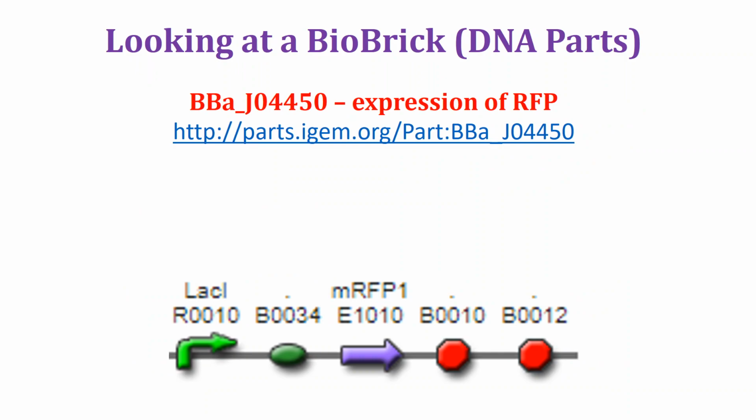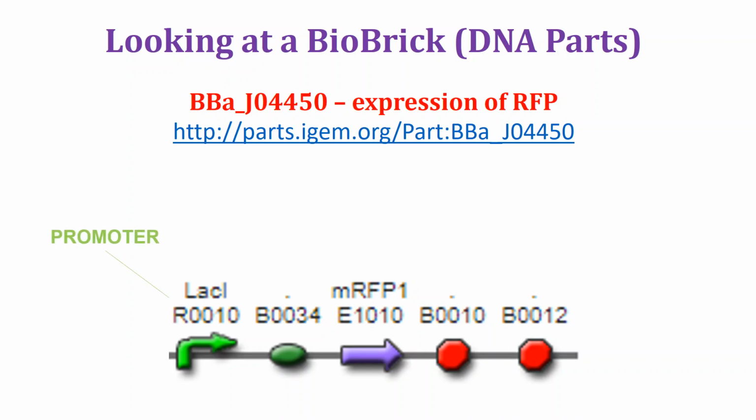You can see some of these same elements that we discussed when looking at an actual BioBrick. So here's a very commonly used BioBrick, BBa_J04450. This is an RFP, or red fluorescence expression BioBrick. And we can see some of these same elements that are going to be important.